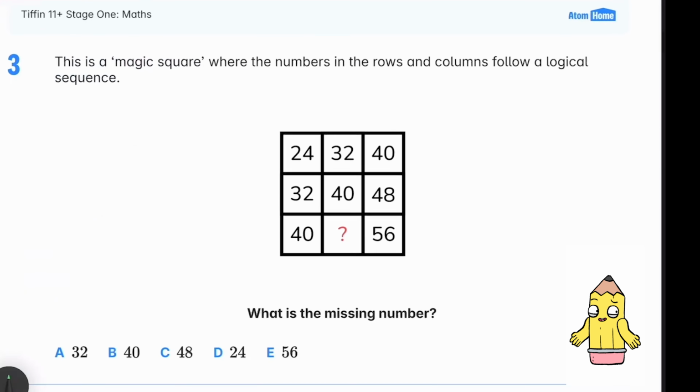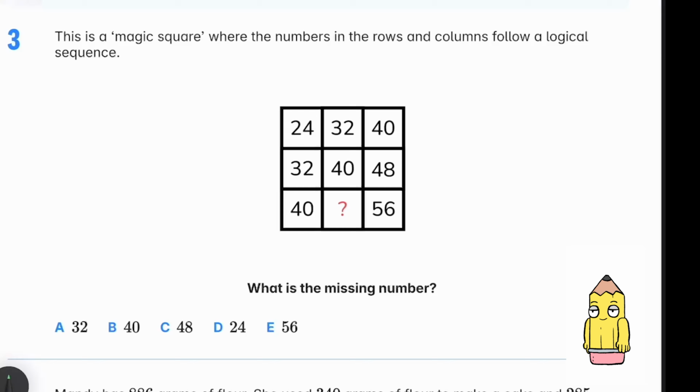Question 3. This is a magic square where the numbers in the rows and columns follow a logical sequence. What is the missing number? Now, we need to figure out the sequence that the numbers in the rows and columns follow. As we can see, the numbers in the grid increase from left to right and from top to bottom.